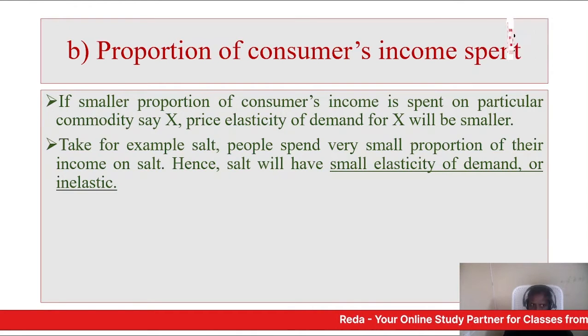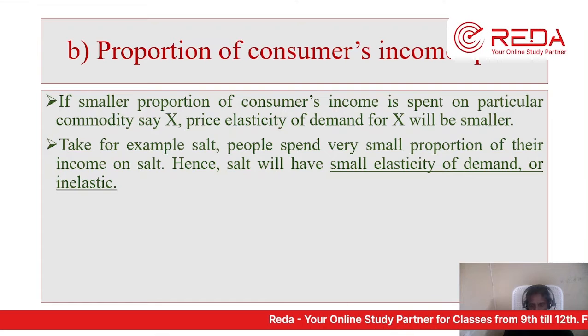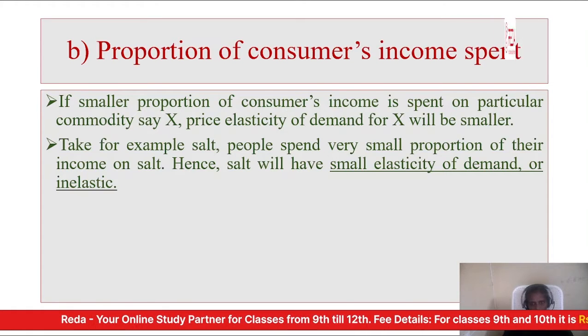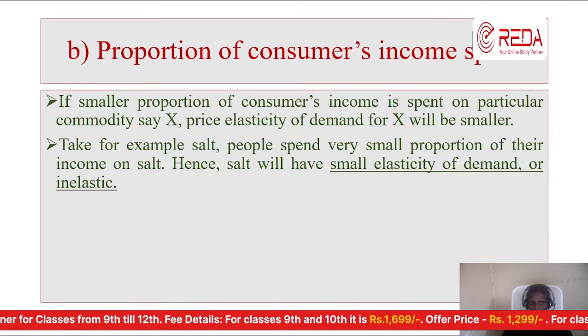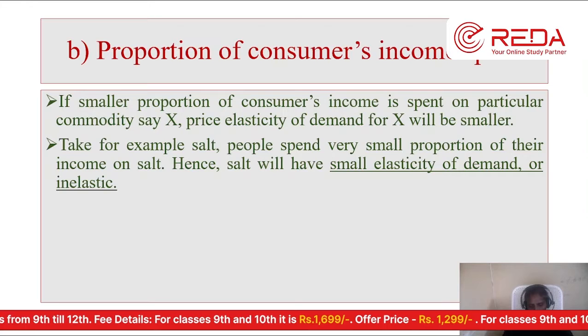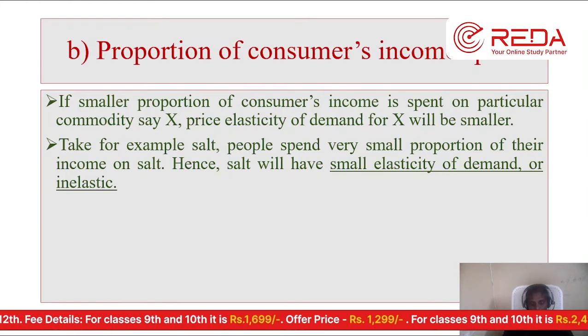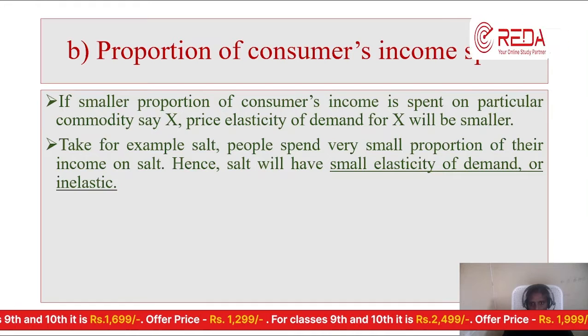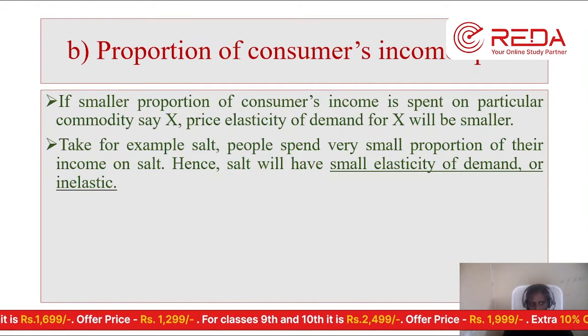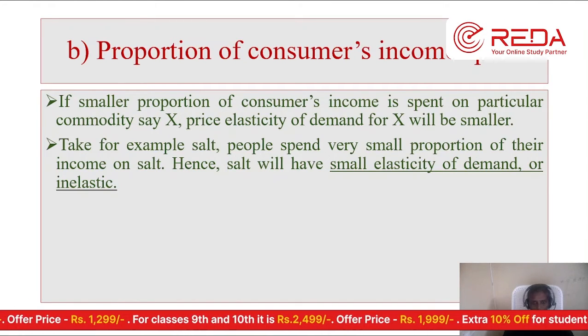Take the same example, salt. Salt is a commodity which we use in our daily life. Without salt, we cannot eat food. So the small amount of money spent on a particular commodity like salt leads to a small elasticity of demand, or inelasticity of demand for the commodity.